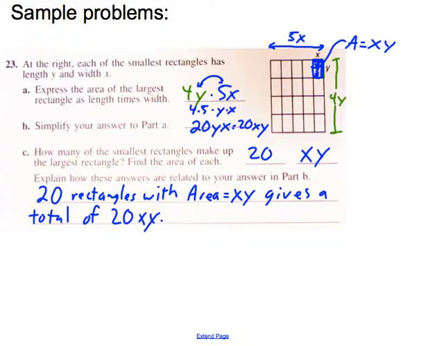Now, previously we saw that we had an area of 20xy, which we got by doing the entire length and width. So it's good to see that thinking of it as the entire length of 4y times the width of 5x gives us the same answer as if we divided it up into small rectangles and then calculated the area that way.